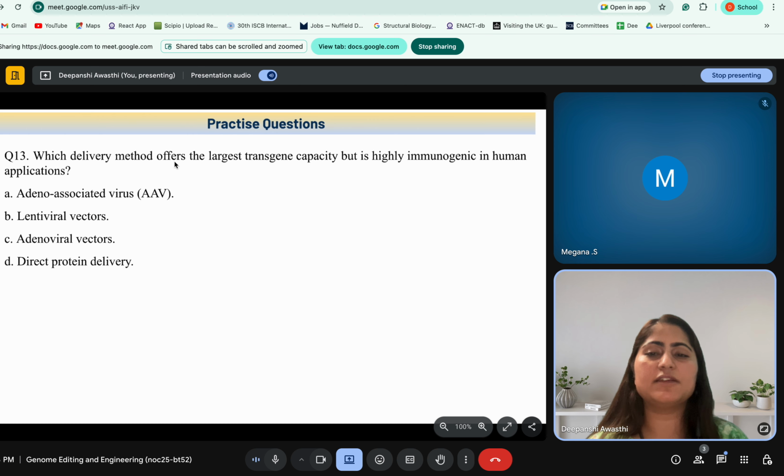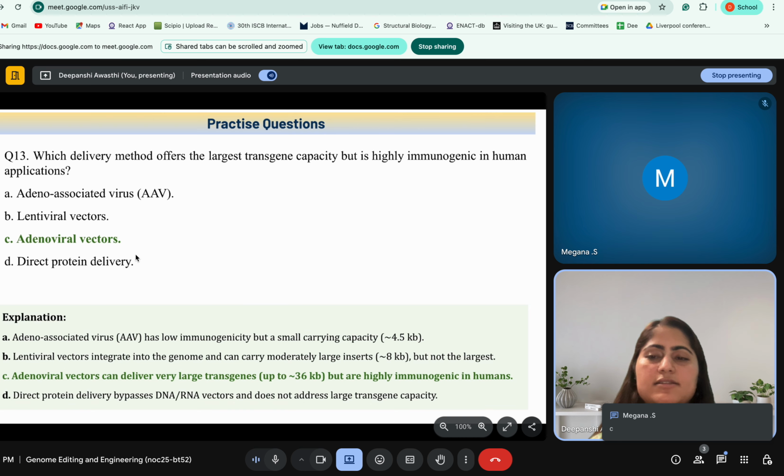So next question is, which delivery method offers the largest transgene capacity but is highly immunogenic in human applications? Option A is adeno-associated virus, option B lentivirus, option C adenoviral vectors, and option D is direct protein delivery. So largest transgene, but which is also immunogenic.